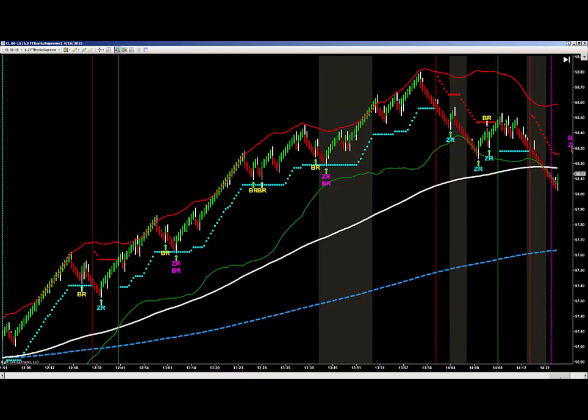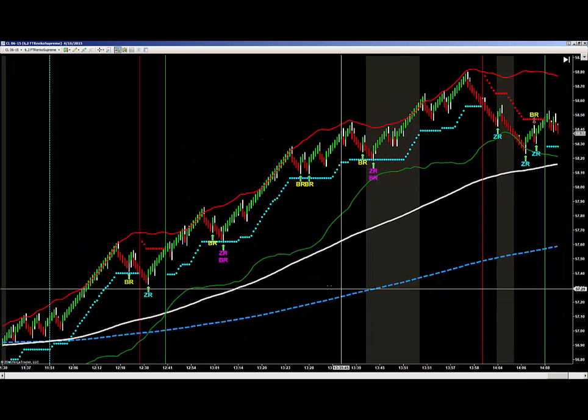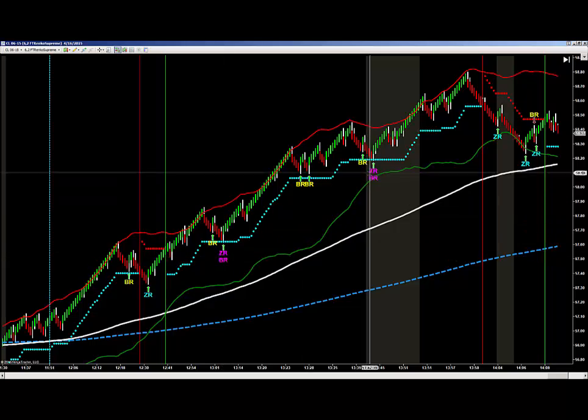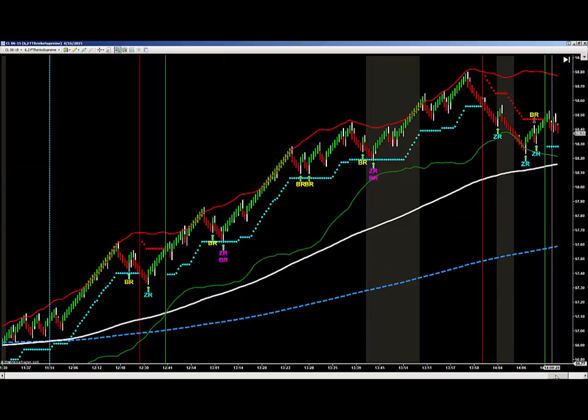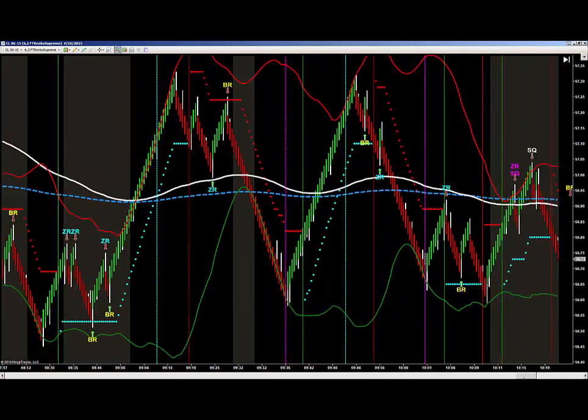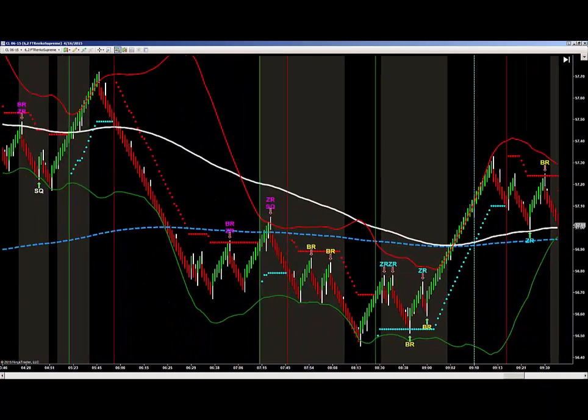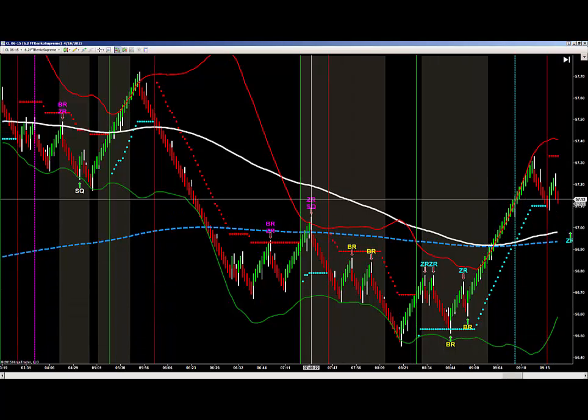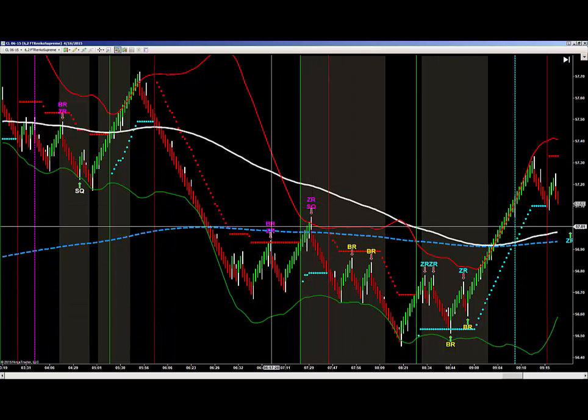And looking at, well, when do they come into play? Well, we got a ZR and a BR. ZR and a BR didn't come into play too much. ZR and an SQ, BR and a ZR.